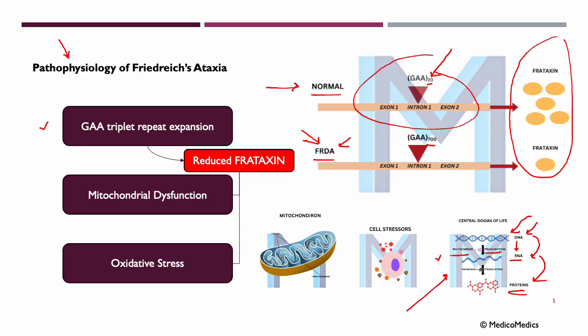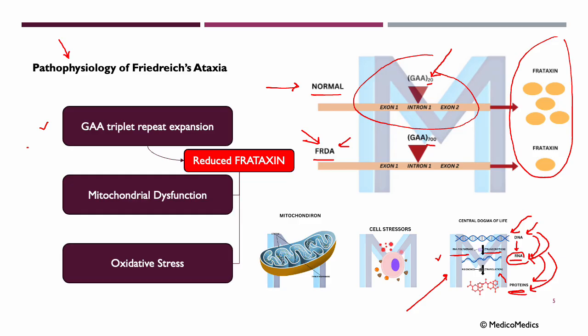That was a mouthful. Meaning that the problem is we are not producing enough messenger RNA. And if we don't have messenger RNA, we cannot then translate it into functional proteins. So the problem is not getting from messenger RNA to frataxin protein. Rather, the problem is getting from DNA to messenger RNA.